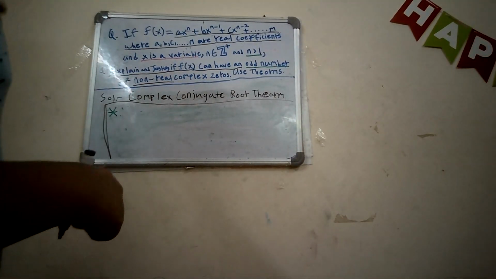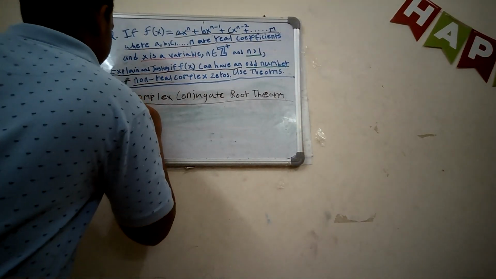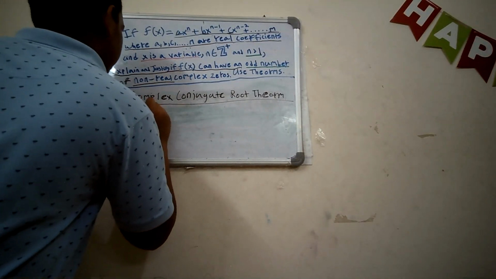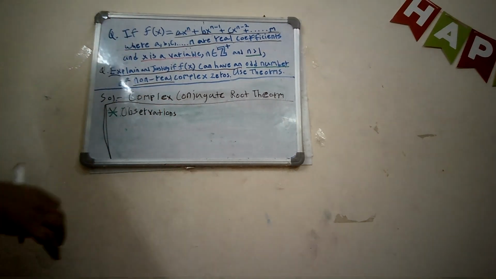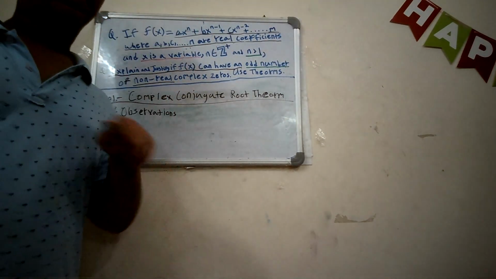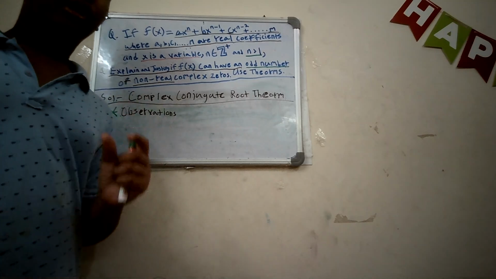Okay. So observation. From the theorem that we observed, if an equation of quadratic and above has non-real roots, they come in conjugates.